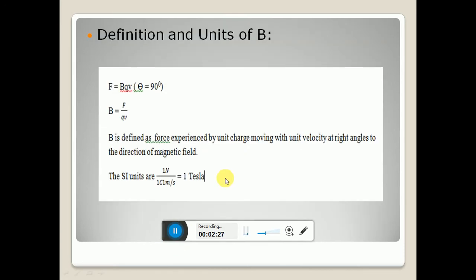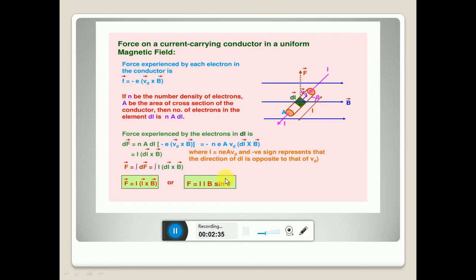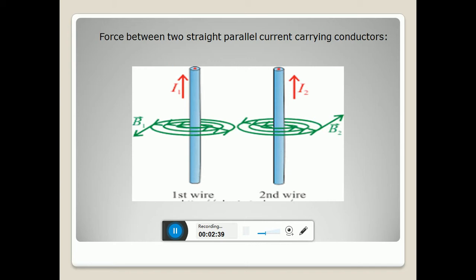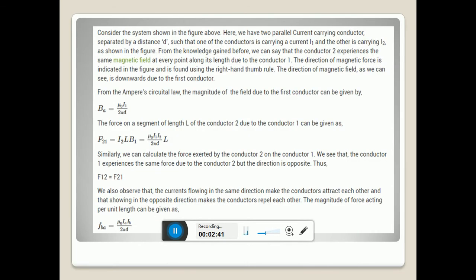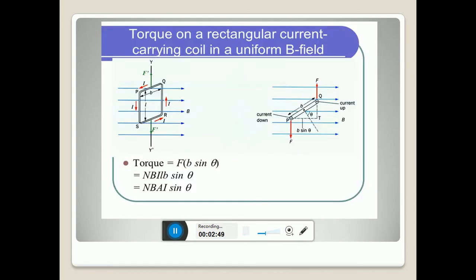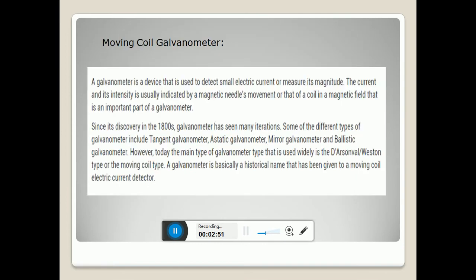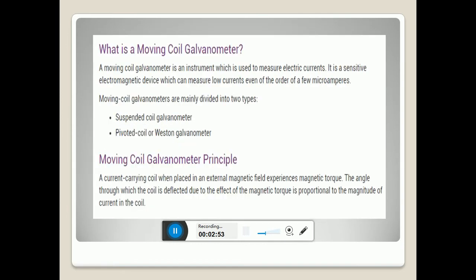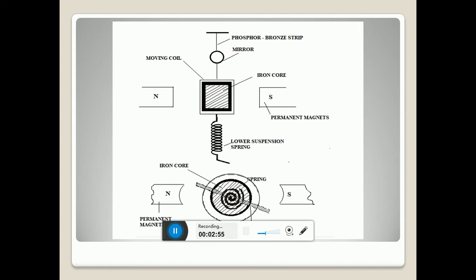In class 4 we studied the definition of magnetic field from force experienced by the charged particle, force experienced by the current carrying conductor placed in the magnetic field, force between two straight parallel current carrying conductors, torque experienced by the current carrying loop placed in the magnetic field, and the moving coil galvanometer, its construction and working.